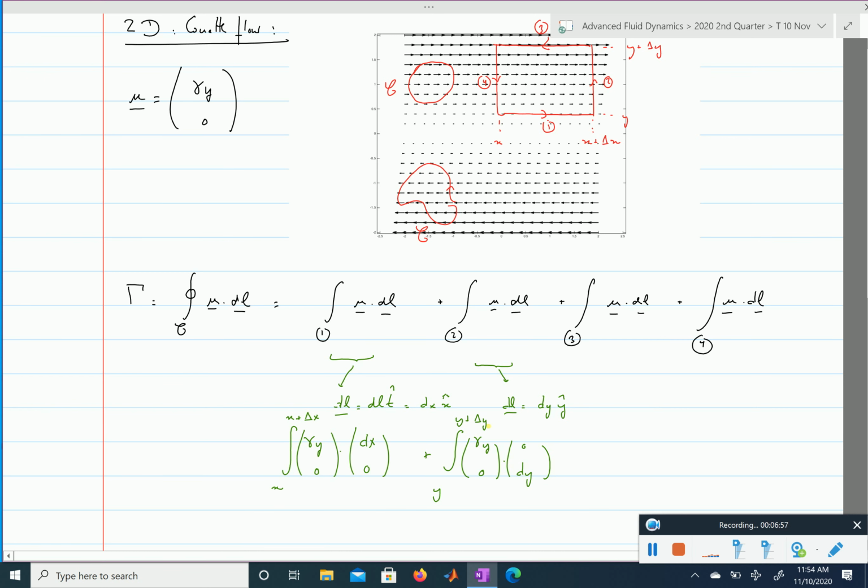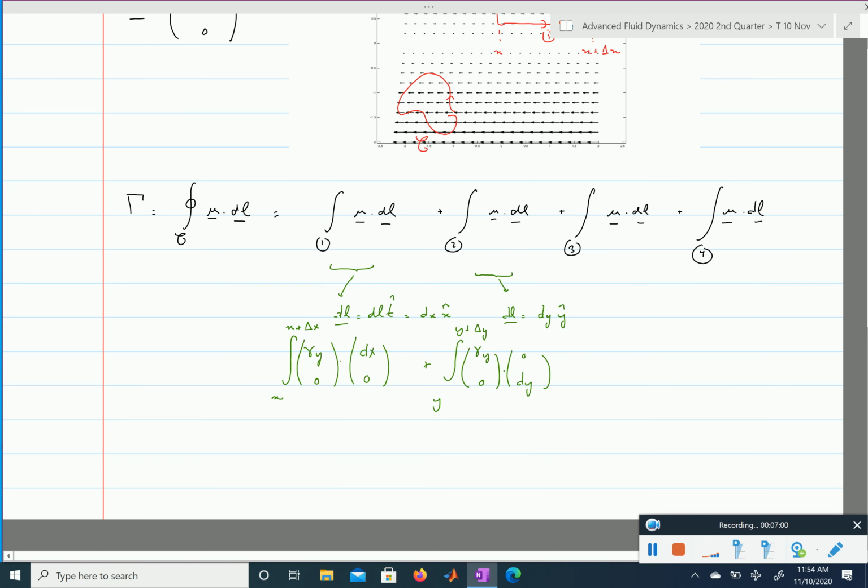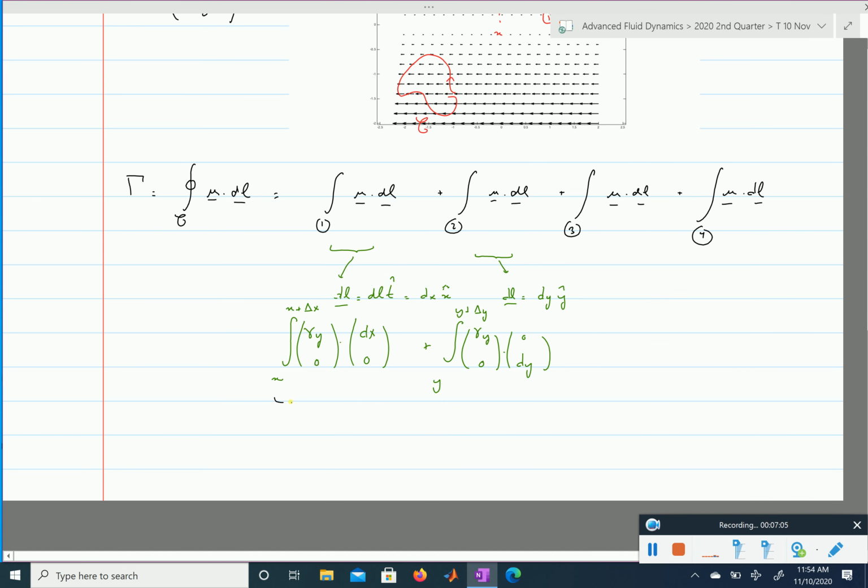Now let's compute these terms. The first will be the integral from x to x plus delta x of gamma y dx, plus the integral from y to y plus delta y of the dot product of these two vectors, which is equal to 0, because we have gamma y times 0 plus 0 times dy. Plus the two others, which I'll let you do on your own.